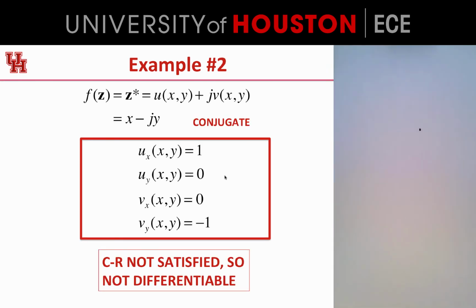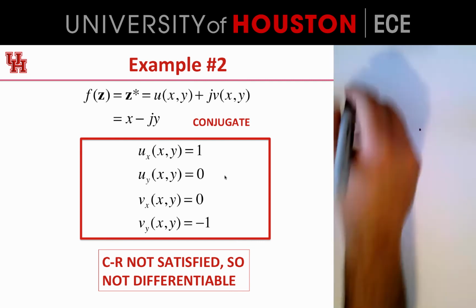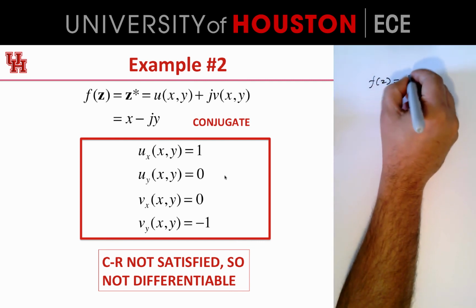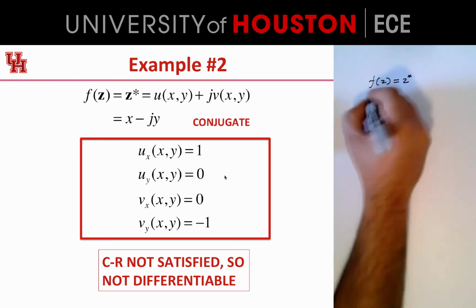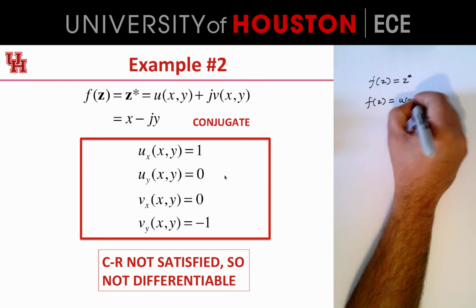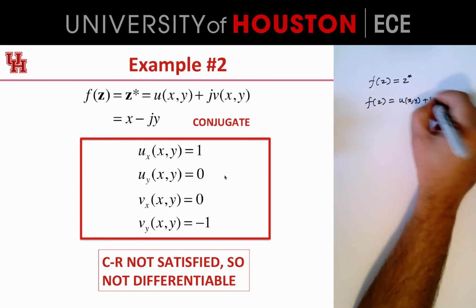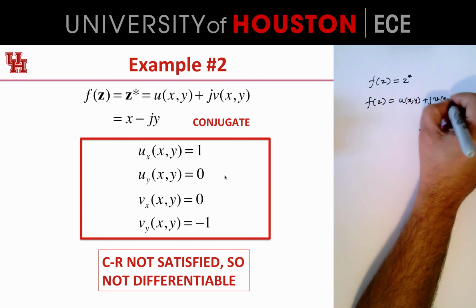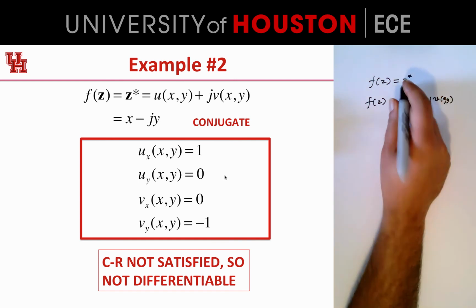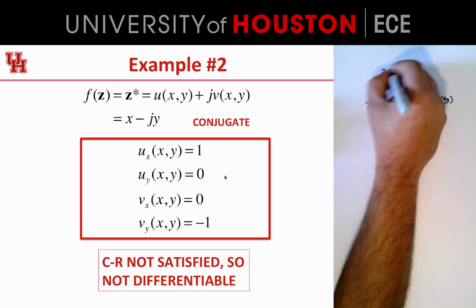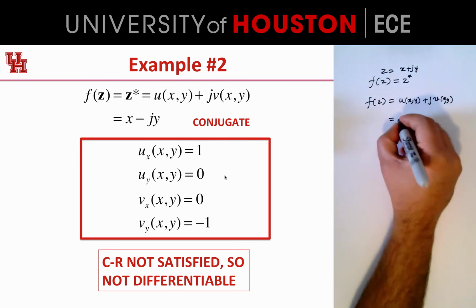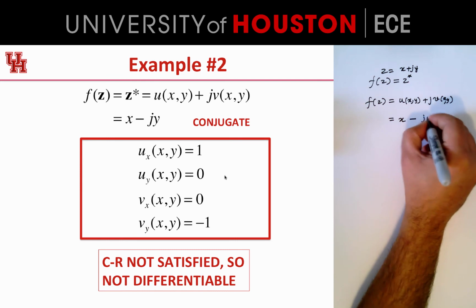So let's look at a second example where f of z is simply the complex conjugate, z star. So suppose f of z is written as u of xy plus j v of xy. This is the same as z star. So if z is given by x plus jy, then z star is given by x minus jy.